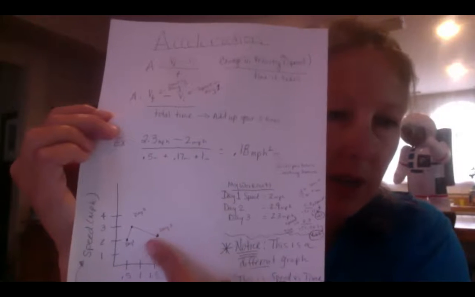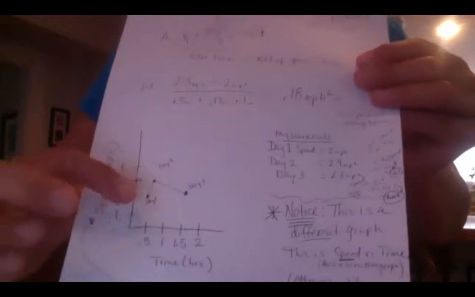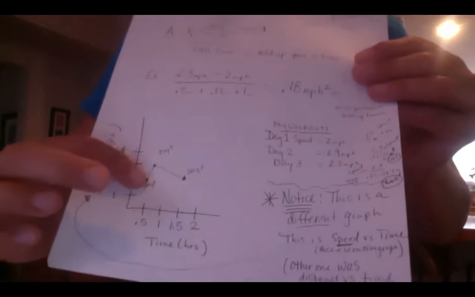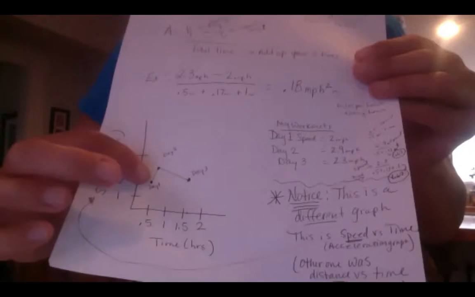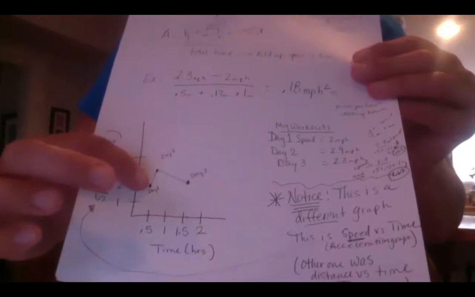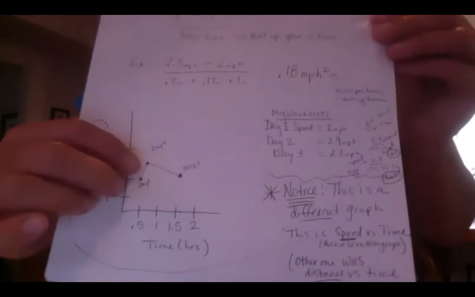But you can see here, oh, I hate this mirror thing. Okay, you can see here that I am speeding up between day 1 and day 2 because the slope of the line is increasing. I also want you, this is really important, I meant to say this first.